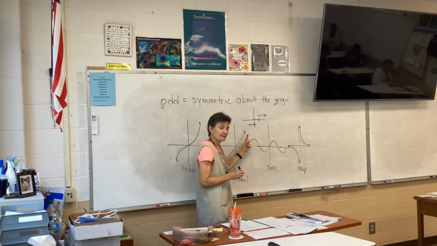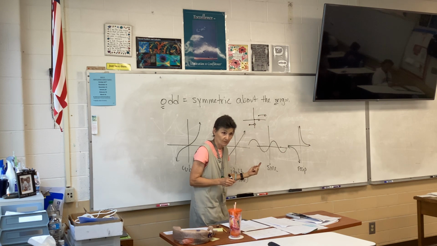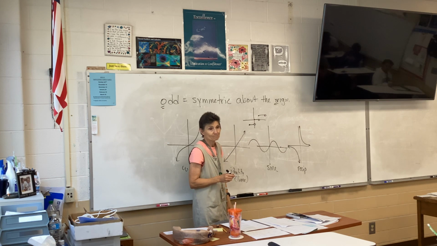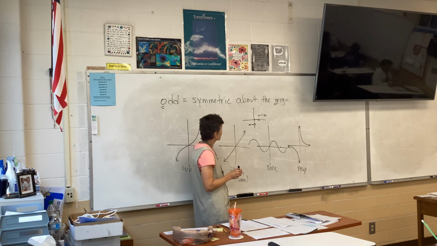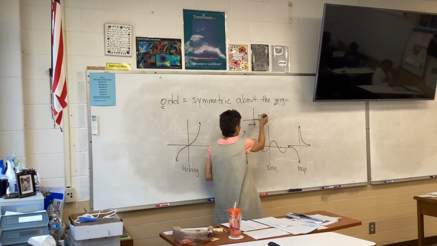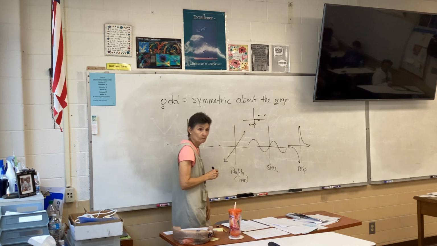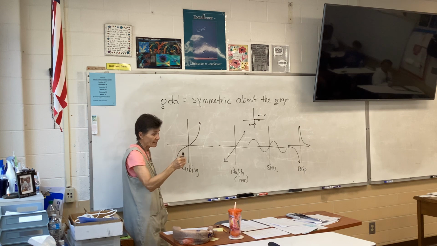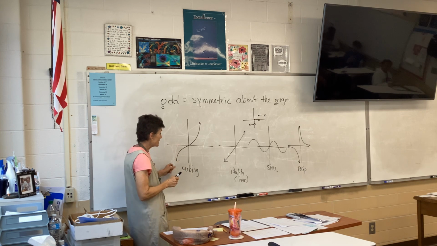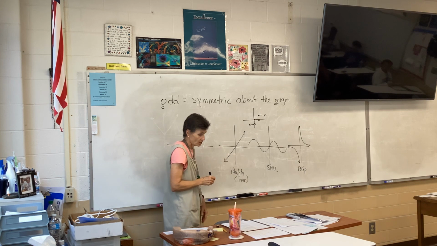When I flipped it, they would have to be to the left of the closed, and they're not. So this would have to map onto this, and it doesn't. That's a no. I get it, but it's a no. These are the four right here, odd functions.